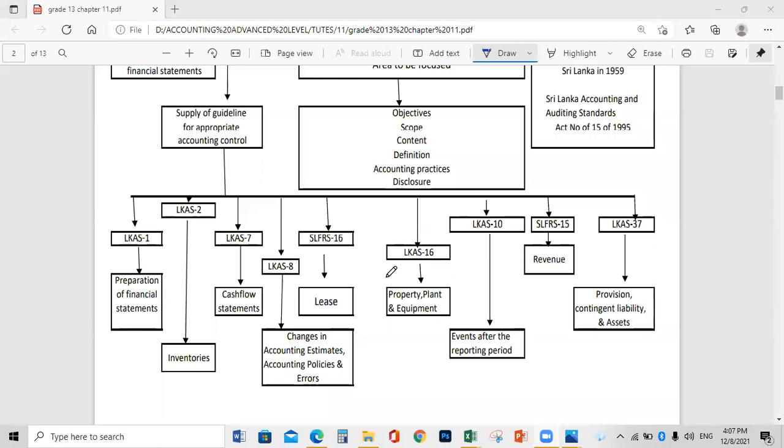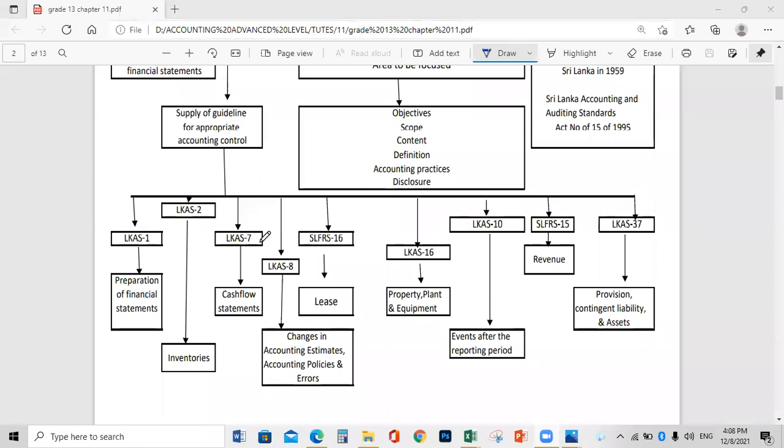Business organizations can be sole traders or partnerships. There are different types of organization, and a company is also one type. Companies also have to prepare accounts, so to prepare accounts in a company you have to follow these accounting standards. It is compulsory that you follow them.